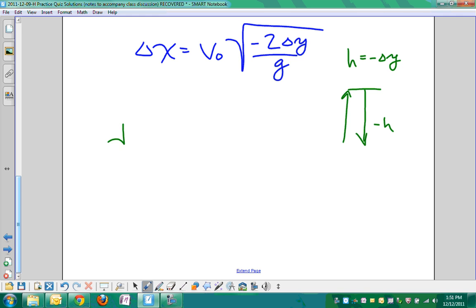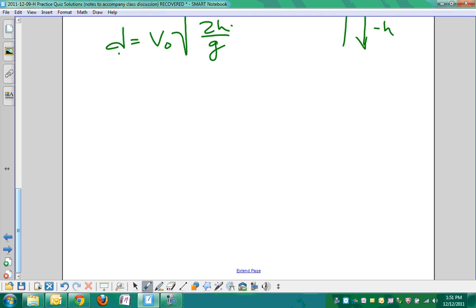So now d is equal to v naught times the square root of 2h over g. That's how far the first one is going to go, or any one if we measure the height as h and measure the distance as d. Now we know that d prime over d is equal to what? We were told that the rock goes how far?